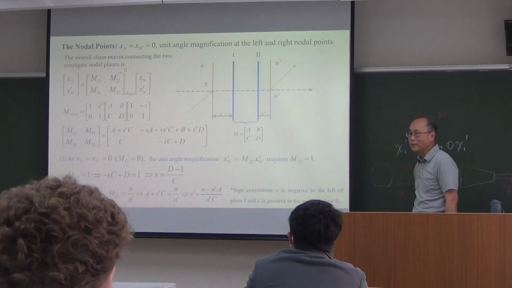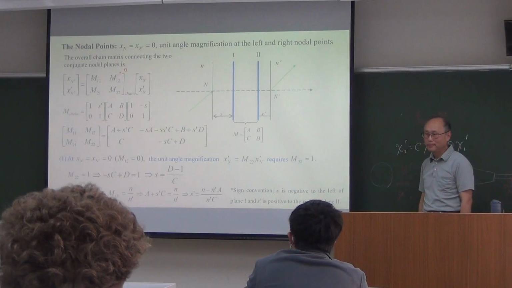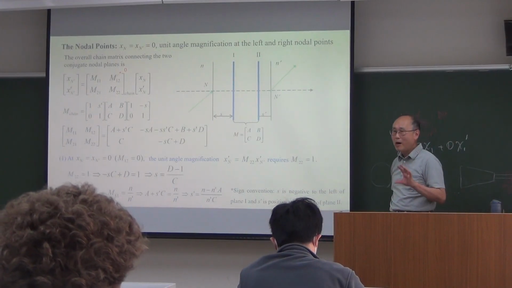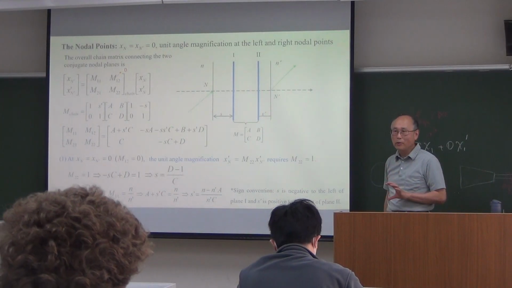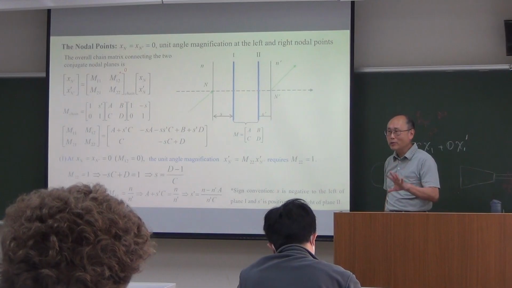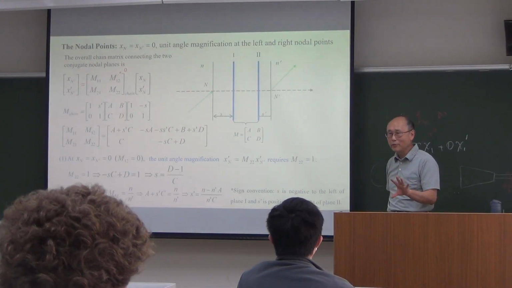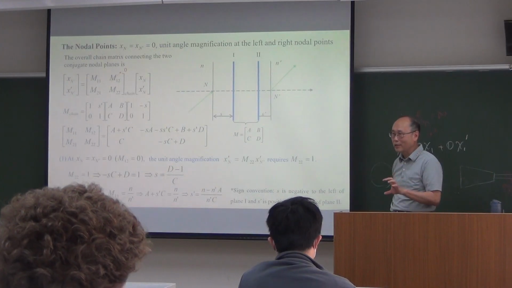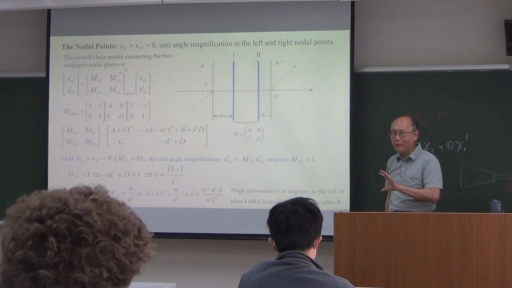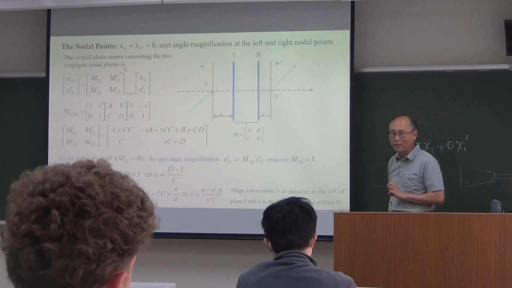So you have the two nodal planes calculated from this. So today I gave you some flavor of how to use cardinal points to define an optical system. And once those cardinal points are defined, it's easier for you to continue to do optical engineering and also optical design for your imaging system or for hardware applications.